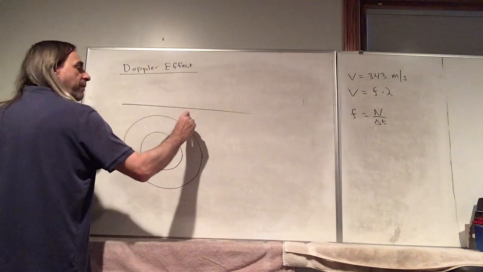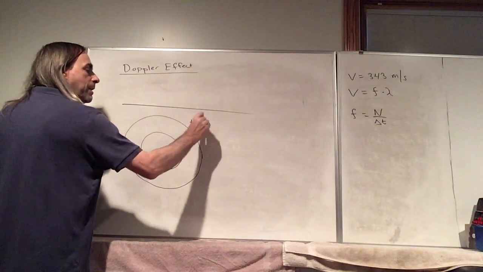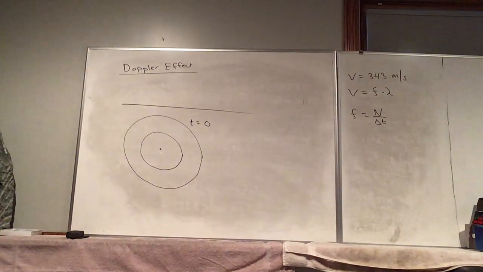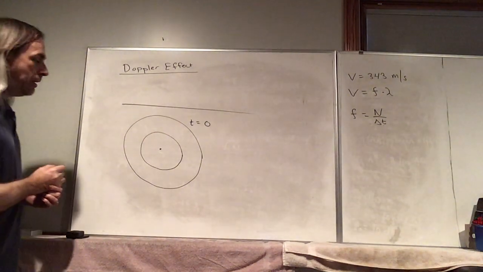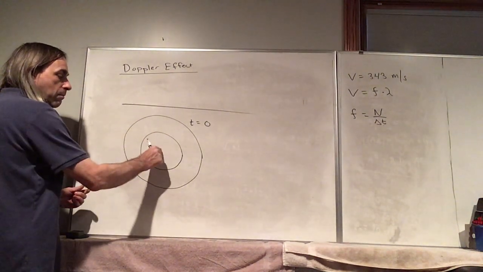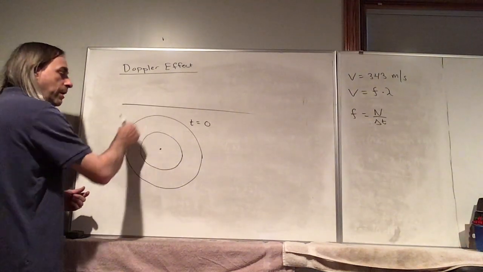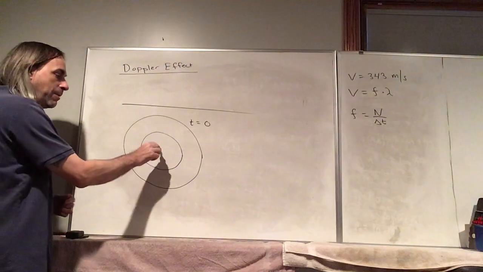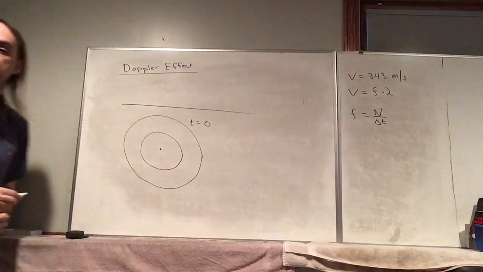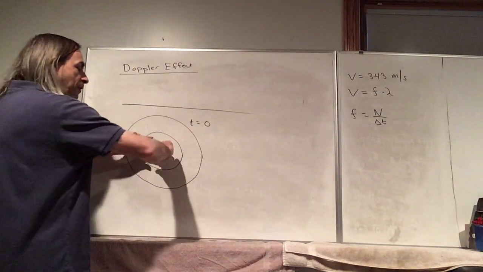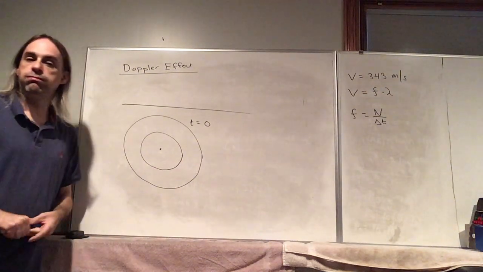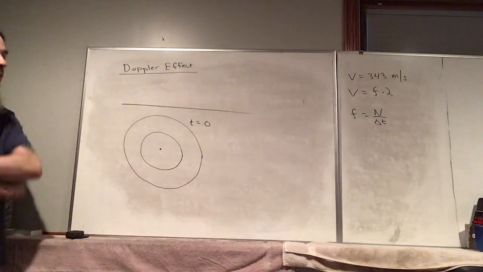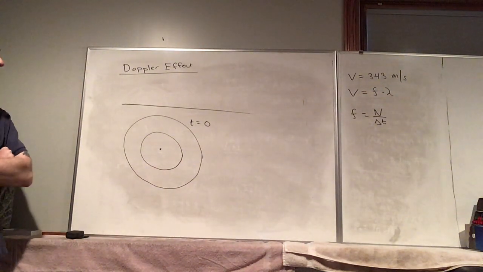Let's say that this wavefront was created at time t equals 0. If we see this wavefront, we know that at t equals 0, the source was right here, because the wave moves away from the source uniformly, at the same speed in all directions.